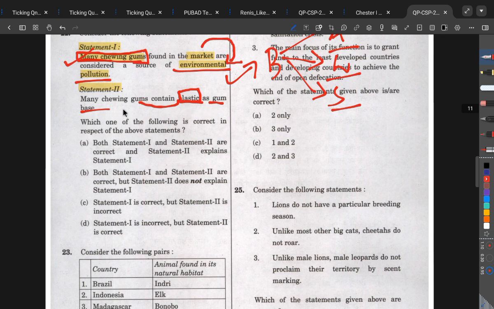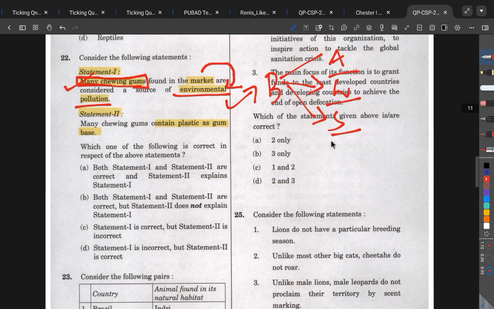And UPSC itself is saying that many chewing gums contain plastic as gum base. So that is also a possibility. Both statement 1 and statement 2 have a possibility of being correct.